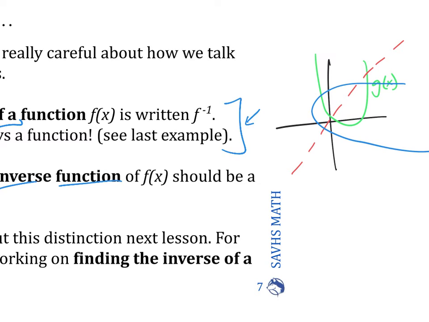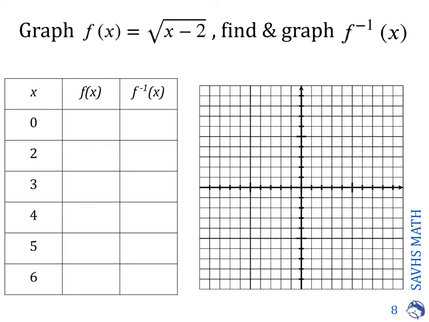I'm not going to be perfect here, but what you might notice is that this is not a function. It fails the vertical line test. There are 2 places where a vertical line crosses that graph, and that means it's not a function. So we have to do something about that, and that's why we're going to talk about that next lesson and not today.